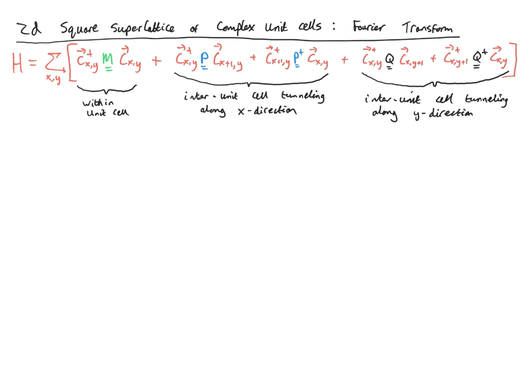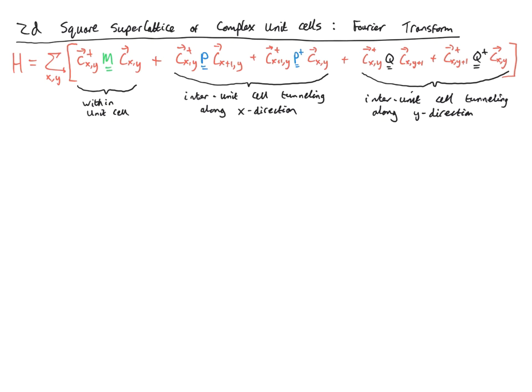So we have interactions within the unit cell and between unit cells, and because we're talking about a 2D square superlattice, we just have nearest neighbour tunneling events between neighbouring unit cells. And notice that the vector of operators cxy is an L-dimensional vector, and the matrices M, P, and Q are L by L matrices. So we want to diagonalize this Hamiltonian.